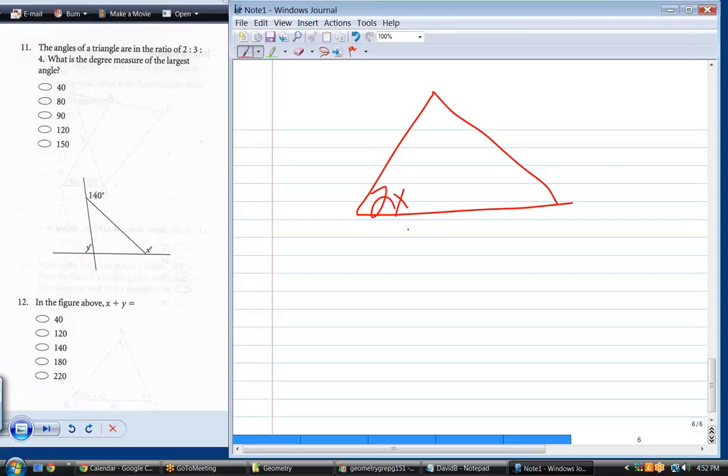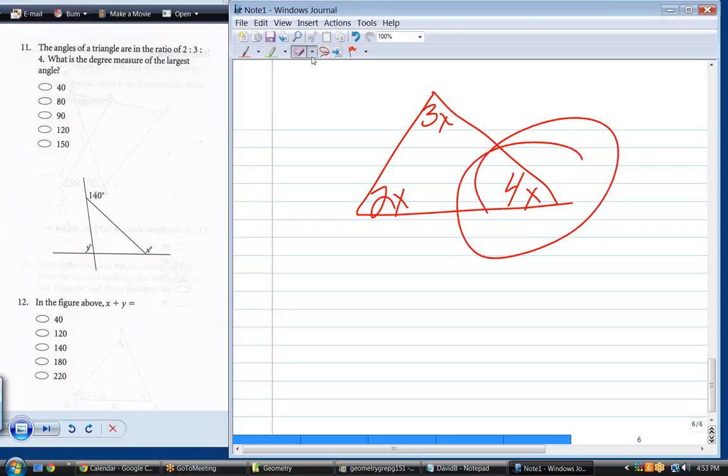Call that angle 2x, call this angle 3x, and call this angle 4x. Now, no matter what x is, it's a 2, 3, 4 relationship, right? Yeah. And I can proceed to solve for x, and then I'll know the measurement of my largest angle.